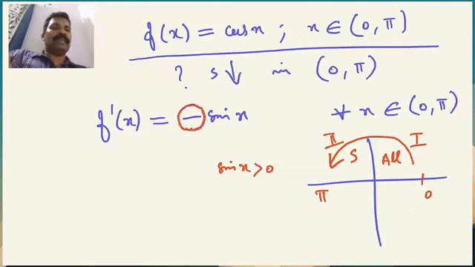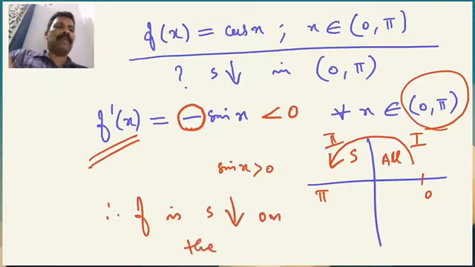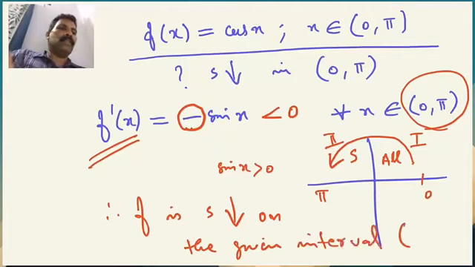So negative sin x is negative. Therefore, the derivative f dash x will be negative for the open interval 0 to pi. Therefore, the given function is strictly decreasing on the given interval 0 to pi. So it is very simple to prove.